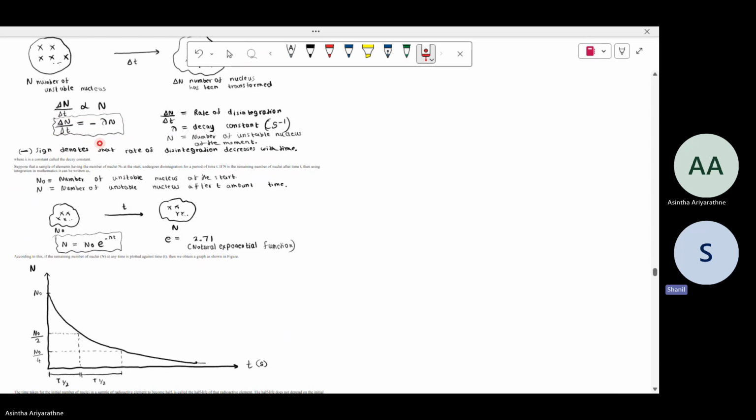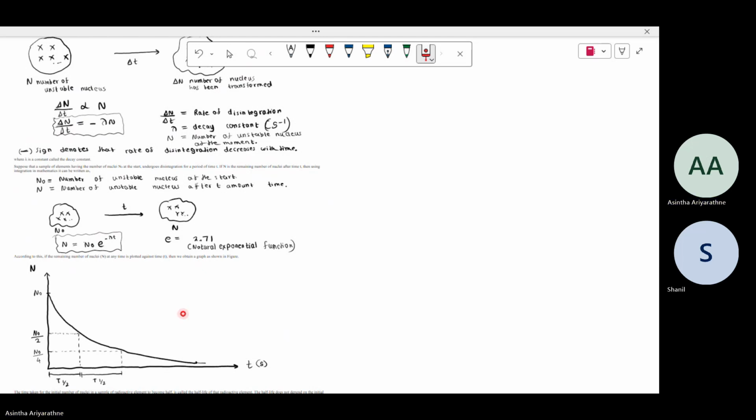There are two equations, that one and the one below. In the one below, n is not the delta n above. N is the number of unstable nucleus. It is not delta n. Delta n is the number of nucleus which has been transformed to stable ones.